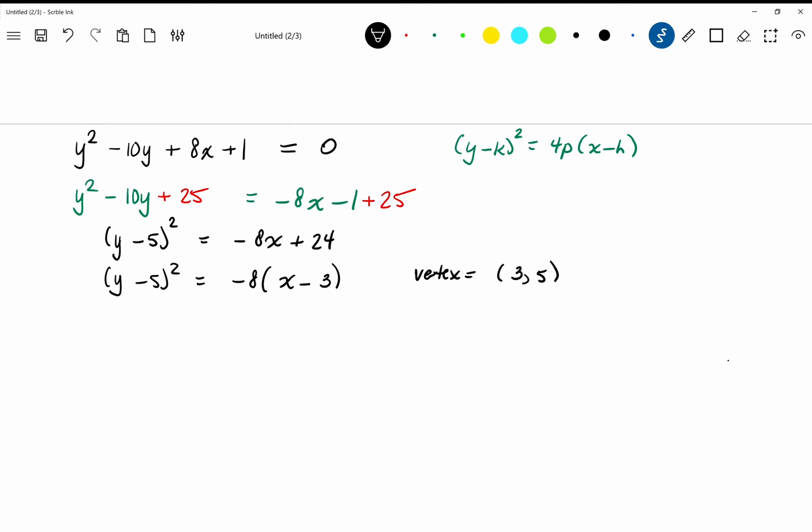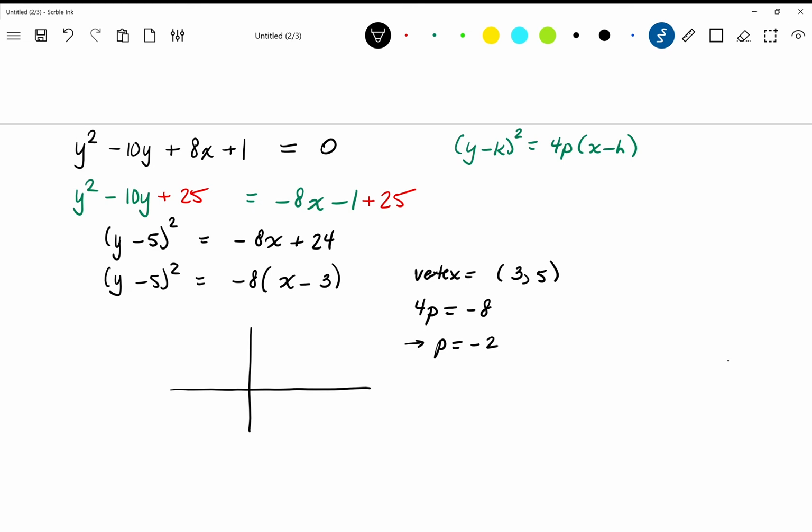And I can also tell that 4p is equal to negative 8, which means p is equal to negative 2. That tells you that I'm opening in some kind of negative direction. Since it's a y-squared parabola, I know it opens horizontally, left or right, and since p is negative 2, I know it opens to the left.